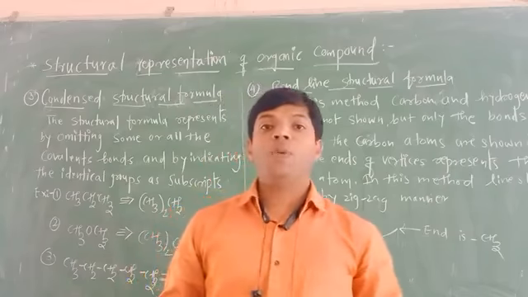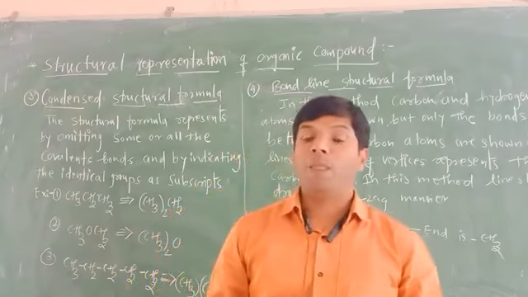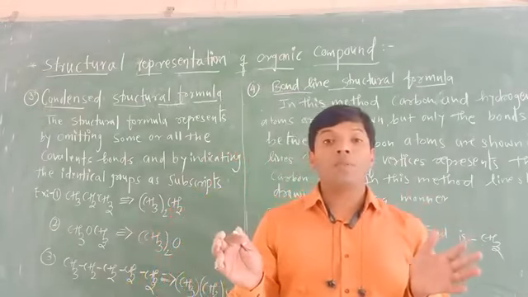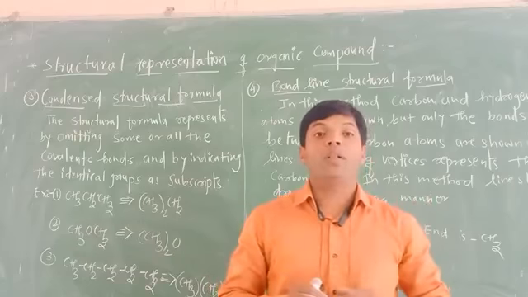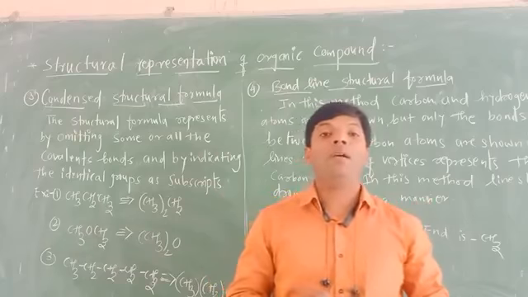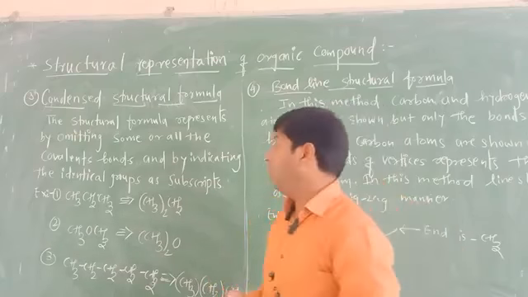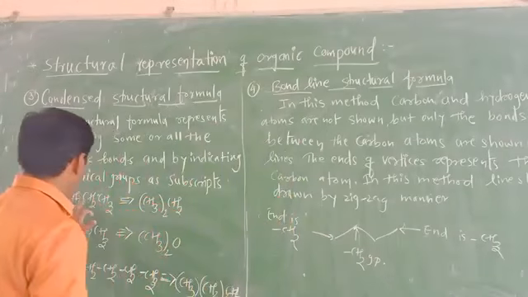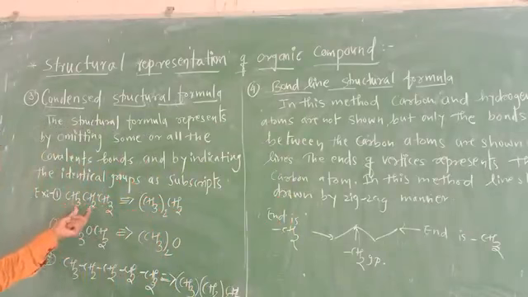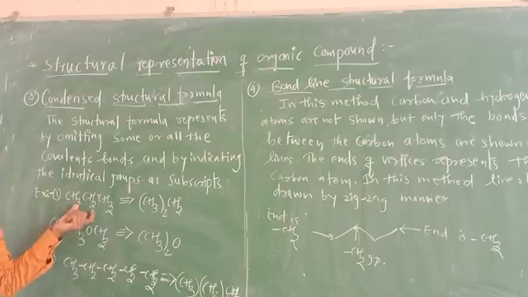Another way to represent the condensed structural formula is where similar atoms or similar groups are brought together, and how many times they are repeated, that number is written as a subscript. For example, in this particular compound, CH3, CH2, CH3 is there. If you look at the example, you will find 2 atoms are similar.